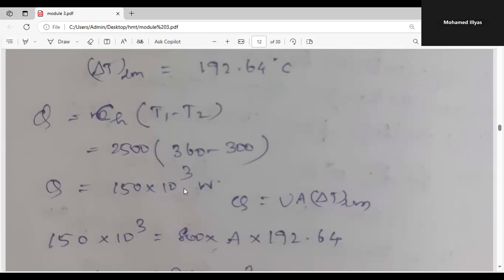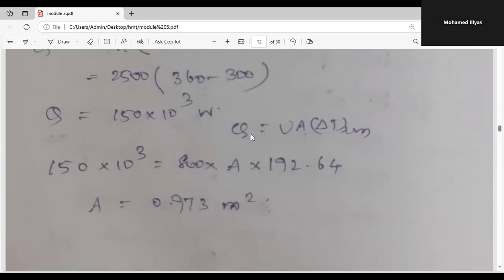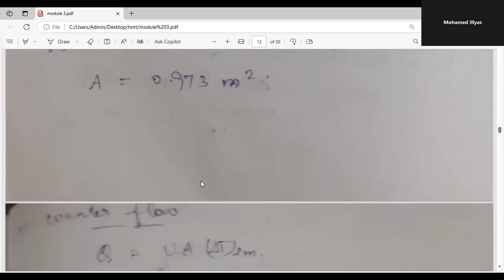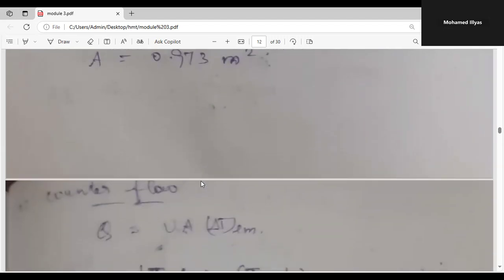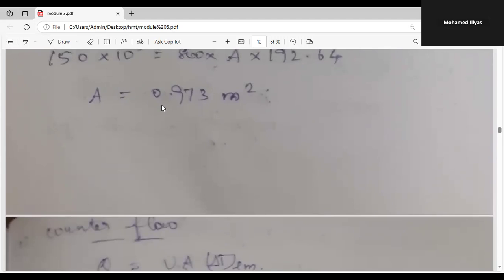So in this expression, we know Q as well as the overall heat transfer coefficient, and we have calculated the logarithmic mean temperature difference. So the unknown value of A can be calculated, which is 0.973 meter square. So this value we have calculated for the parallel flow heat exchanger.